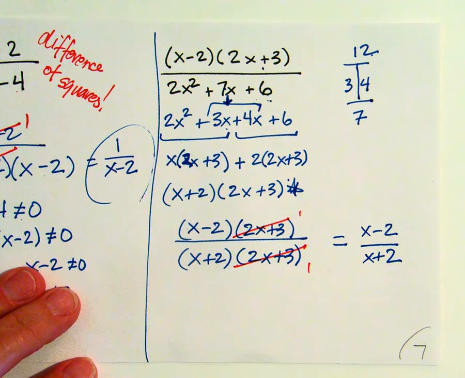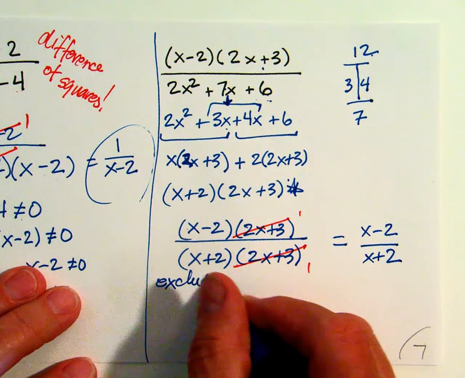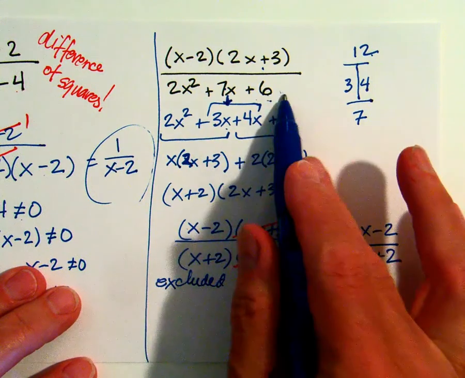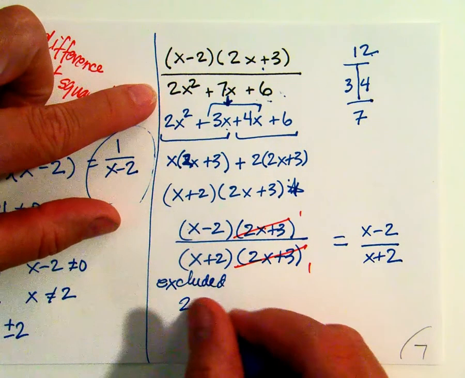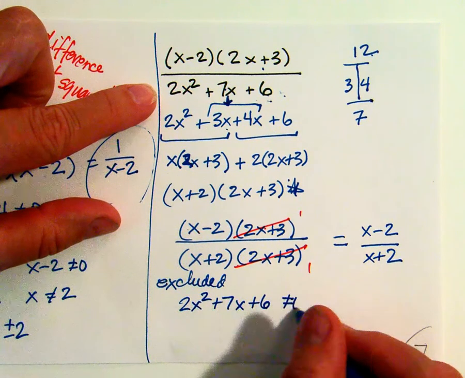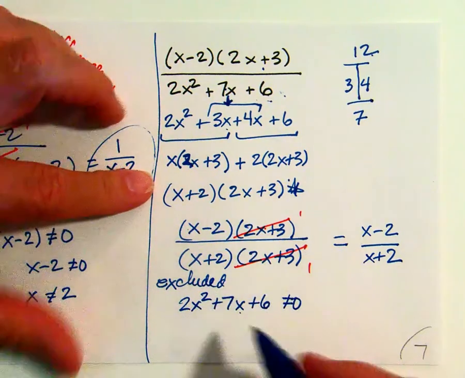We need to find our excluded values again, and now it's going to be even more important. You have to go back to the original. So that's 2x squared plus 7x plus 6 cannot equal 0. It's a quadratic, so I have to factor it. Oh wait, I already factored it.